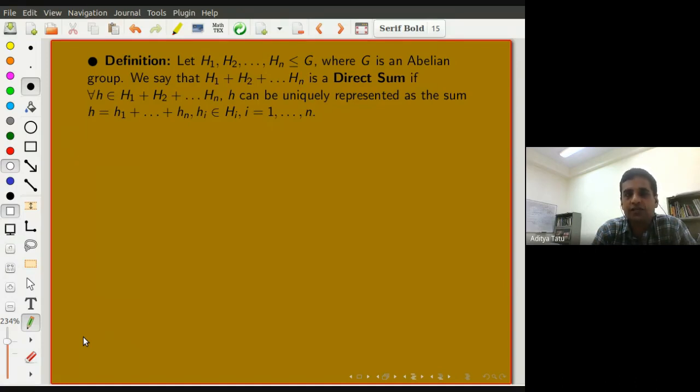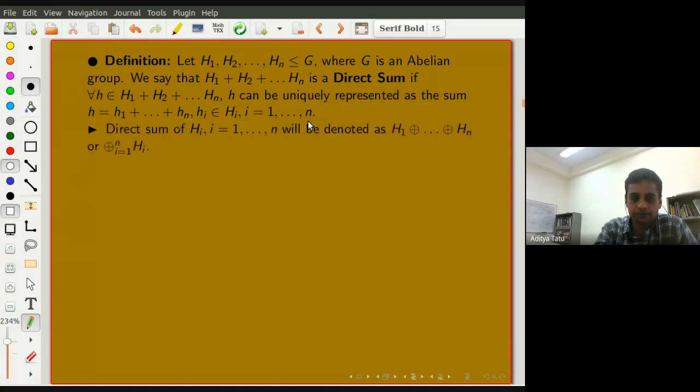We say that the sum of these n subgroups is a direct sum if every element h in the sum has a unique representation. That is the definition. The notation is similar to the direct sum for two subgroups, either like this, or in short, you can also use this notation.